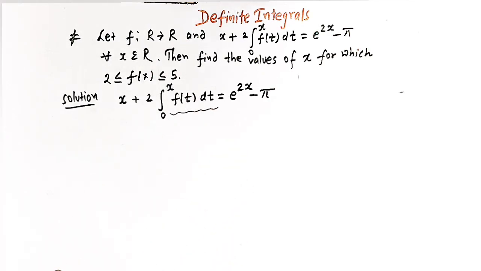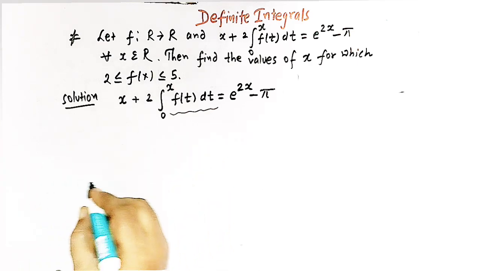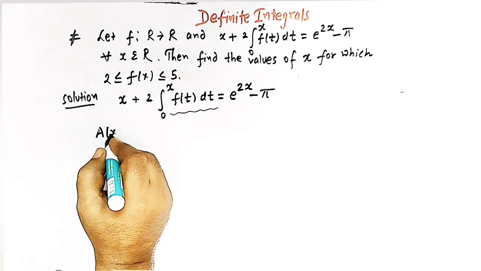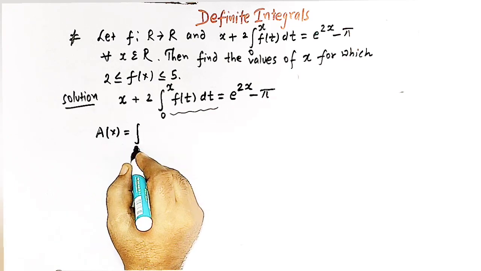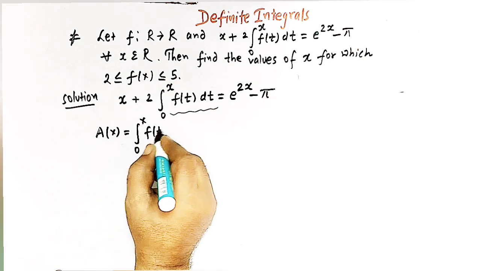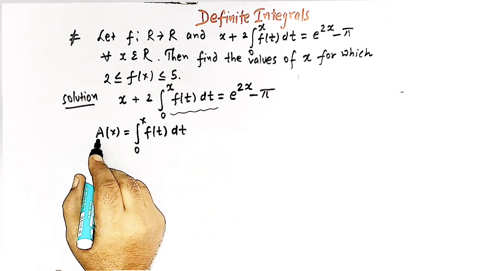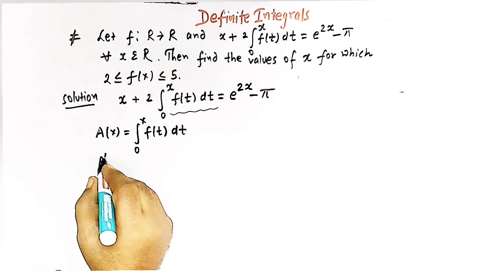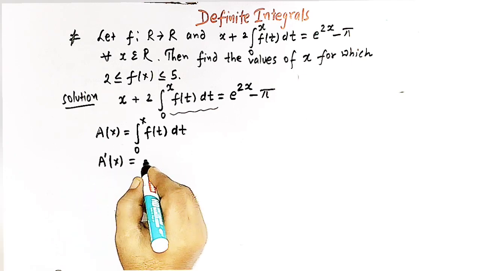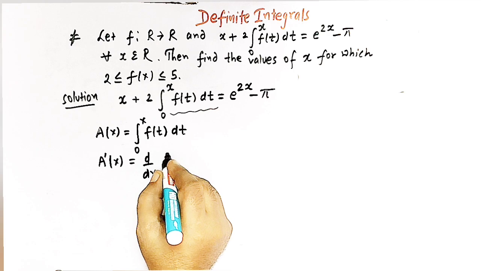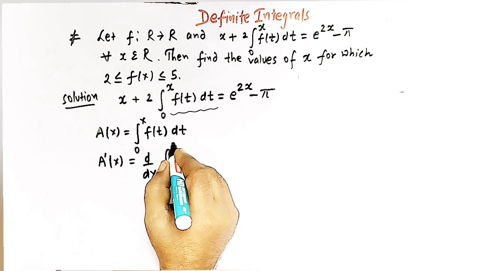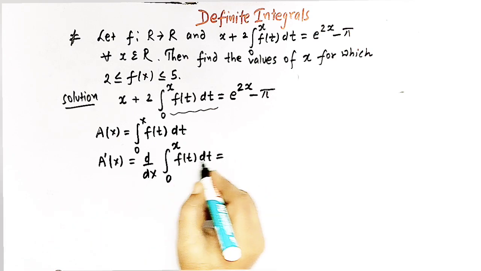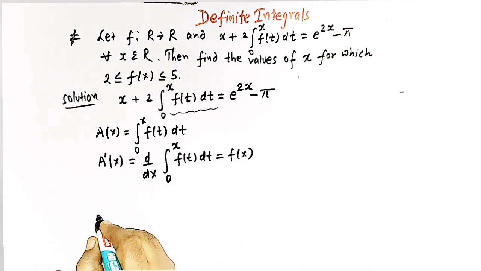The fundamental theorem of integral calculus says that if we have a function, say a of x, that is equal to the integral 0 to x f of t dt, then the derivative of this function a of x, that is a prime of x, is equal to d by dx of the integral 0 to x f of t dt, which is simply f of x, right?